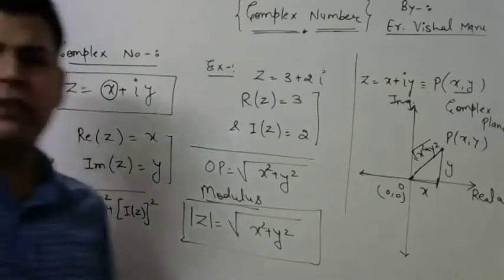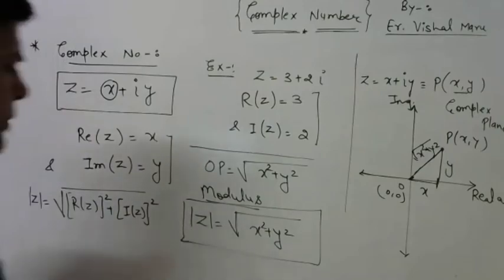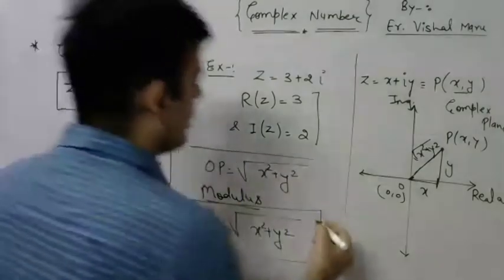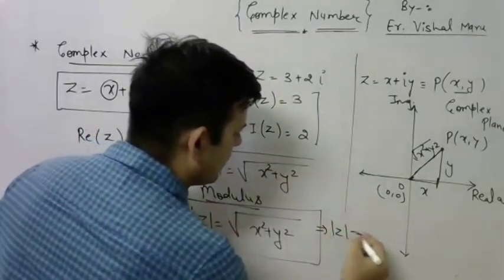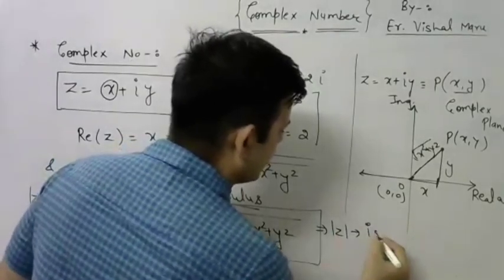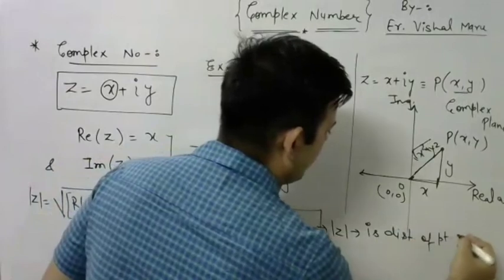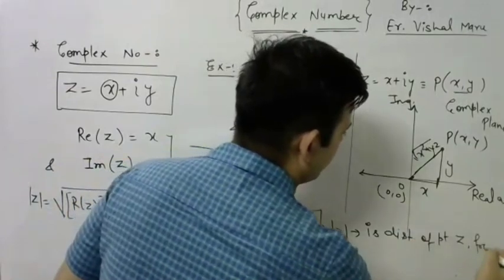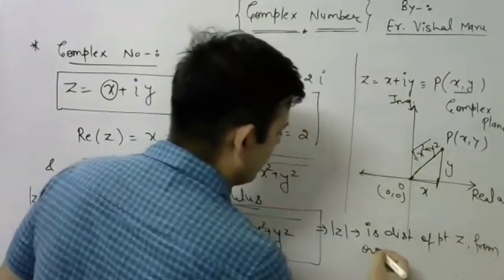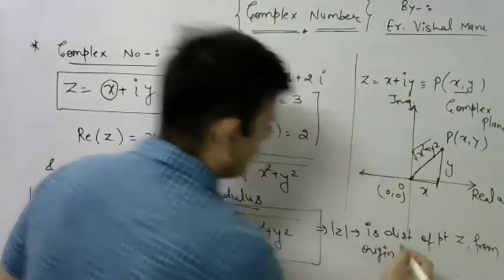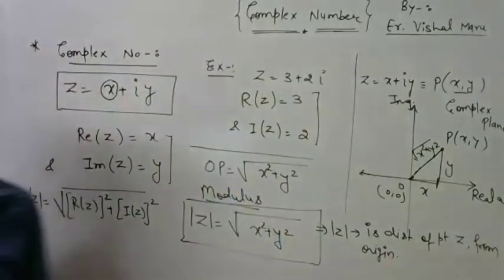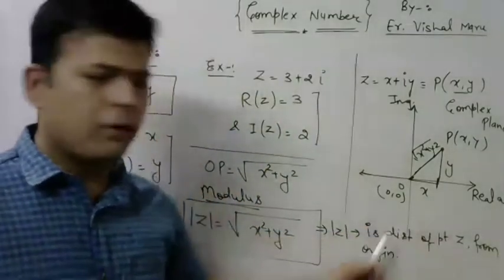And one more definition we can give for the modulus of a complex number. What is the mod of z? Modulus is the distance of the point z from the origin.